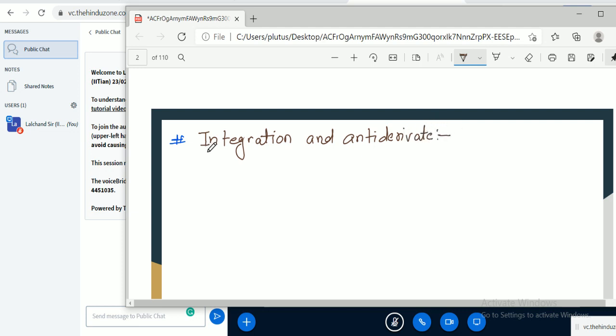Why do we call it antiderivative? Anyone tell me? Why do we call integration an antiderivative?